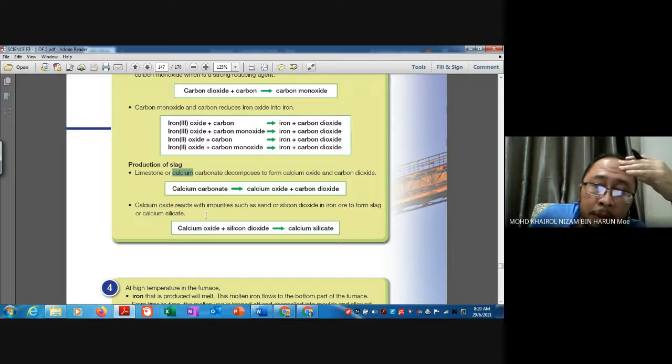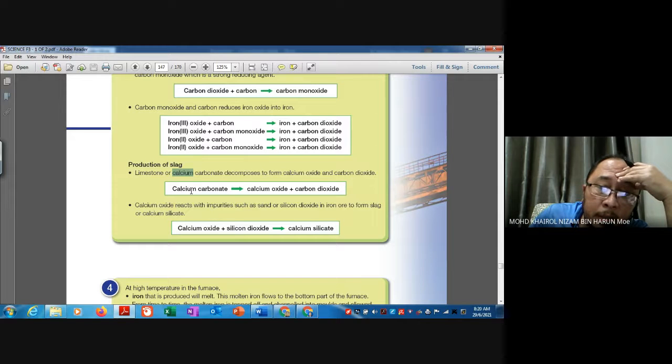The most important thing is how we extract the metal itself. The other elements and natural forms will be put aside, and there is a method to extract those natural compounds themselves.